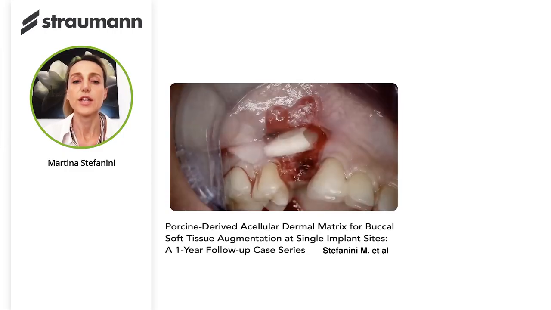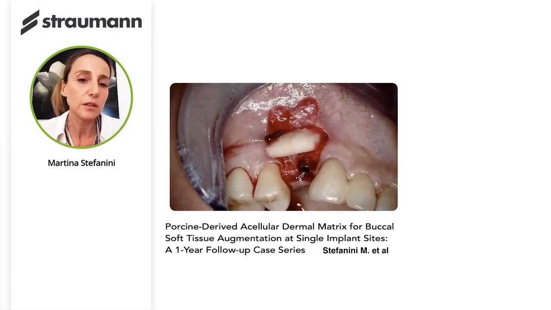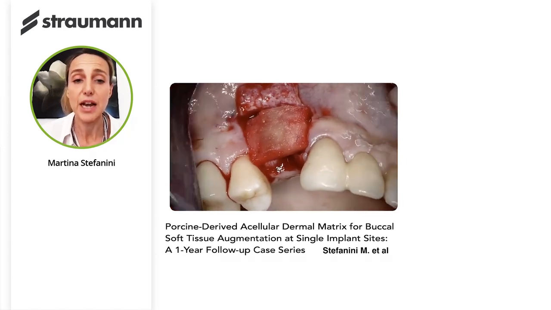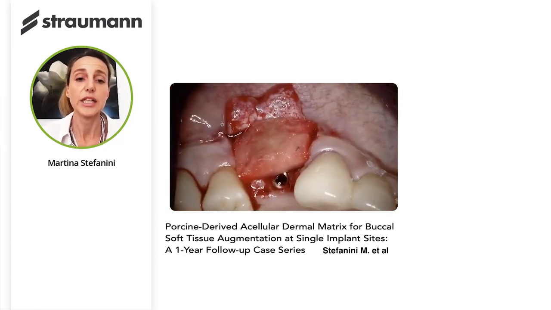It's a very easy material to handle and can be fixed at the base of the anatomic desepithelialized papilla, exactly as we did with a connective tissue graft, very easily.